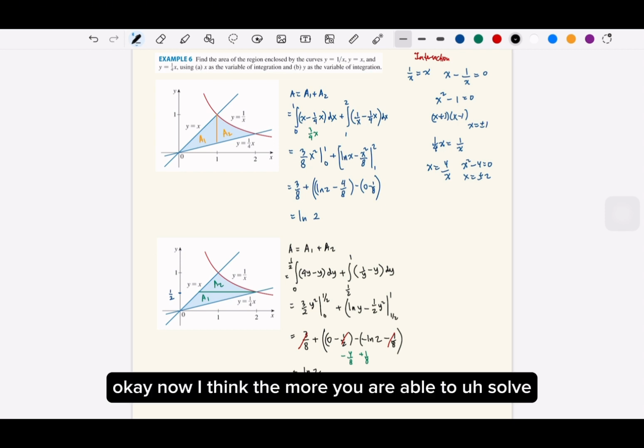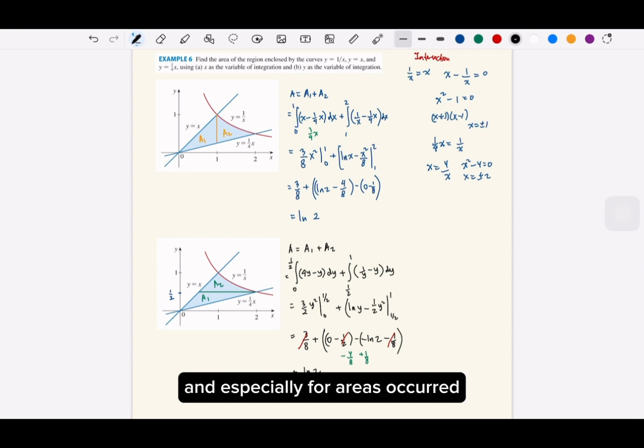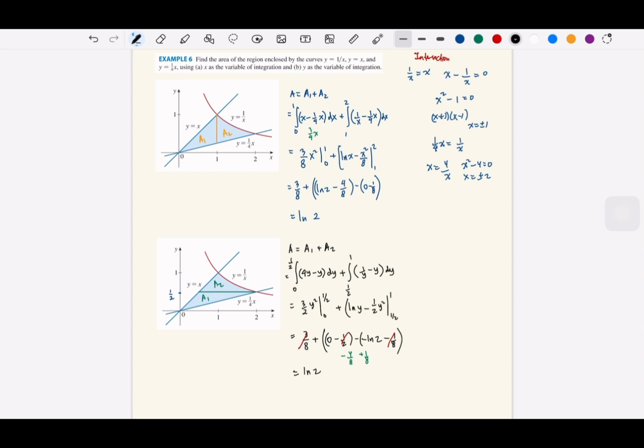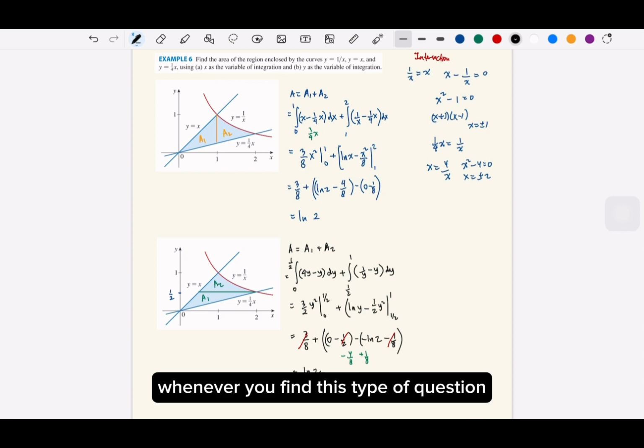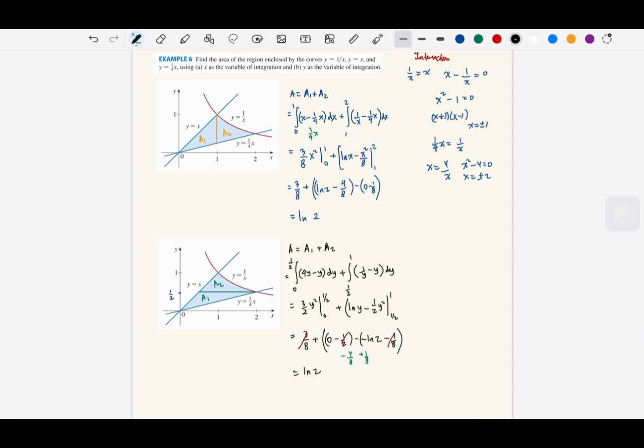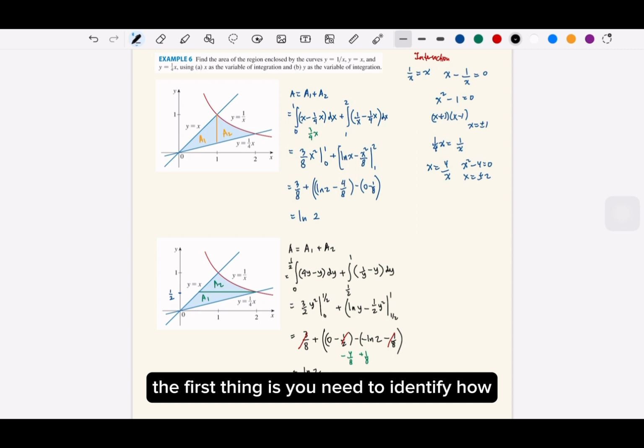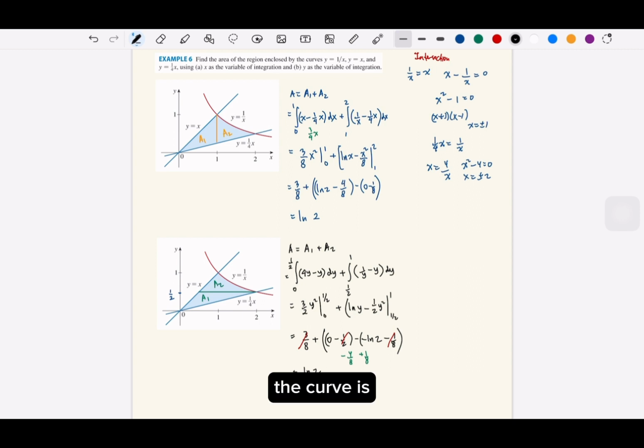Okay. Now I think the more you are able to solve, try to look at the exercise and find some questions, and especially for area between curves, whenever you find this type of question, the first thing is you need to identify how the curve is. Right?